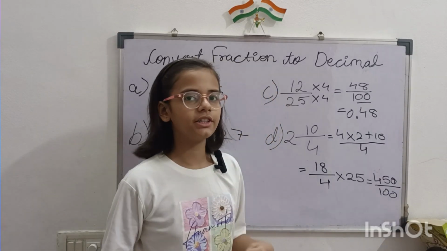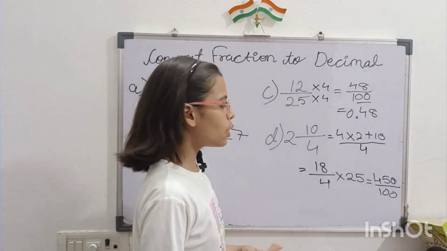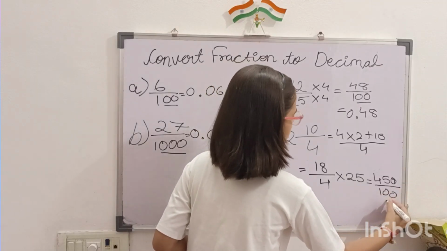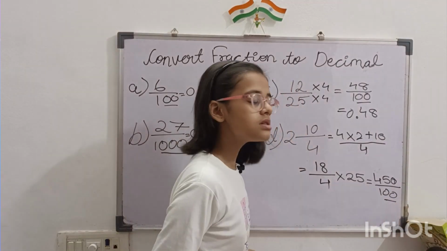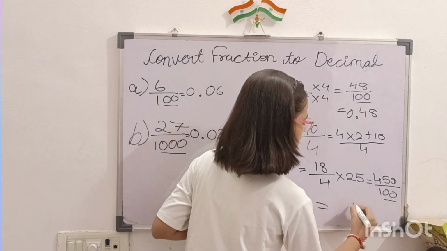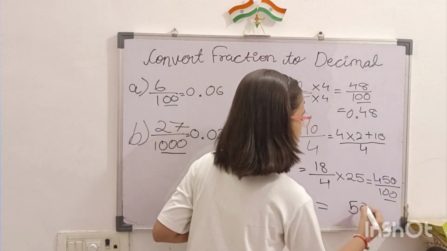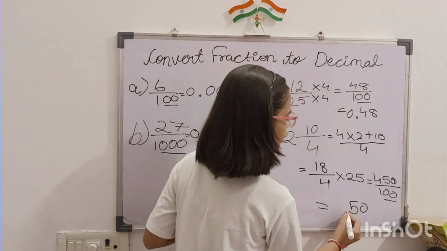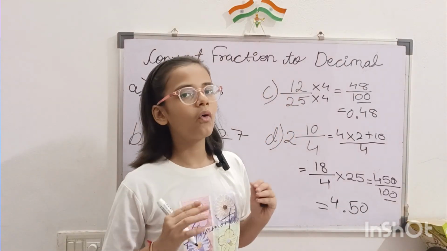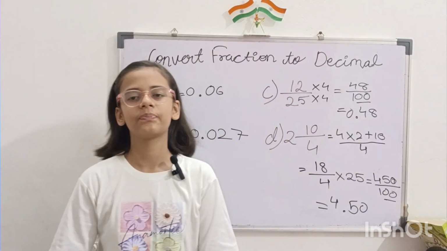And now we have to convert it into a decimal. Here we have to check how many zeros it has. It has 2 zeros. So we'll leave 2 digits from the back. It has 4, 5 and 0. Then we'll add a decimal point and write the remaining number. So our answer is 4.50.